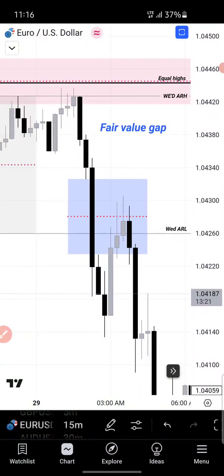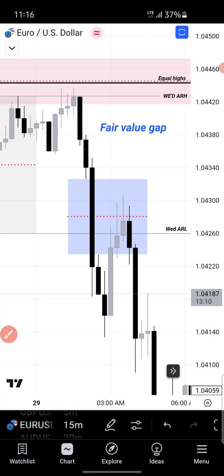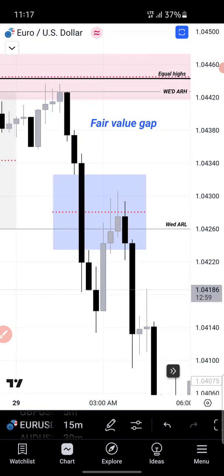So price was moving down all the way here before it moved up. So we have a bearish fair value gap and also a bullish fair value gap. But for this example, I'm using a bearish fair value gap.